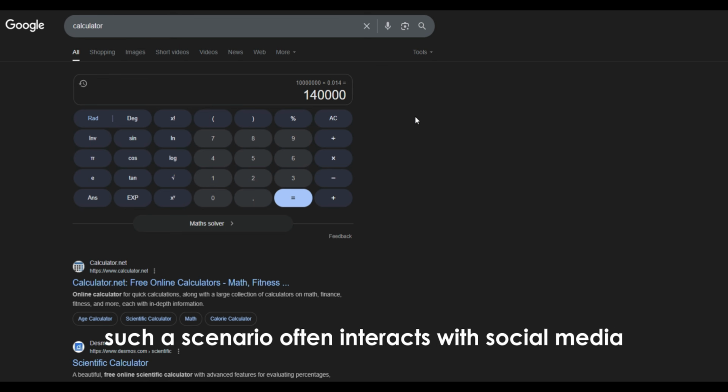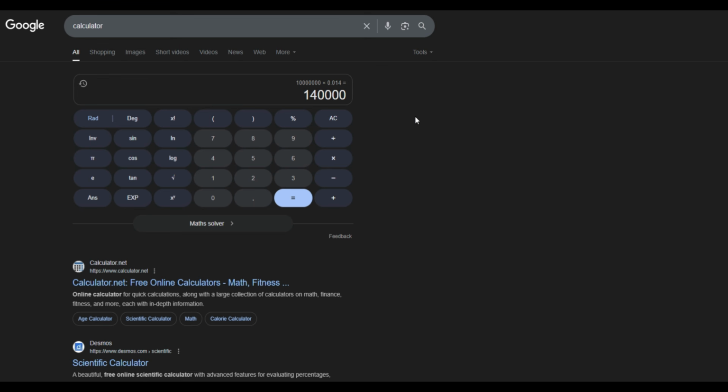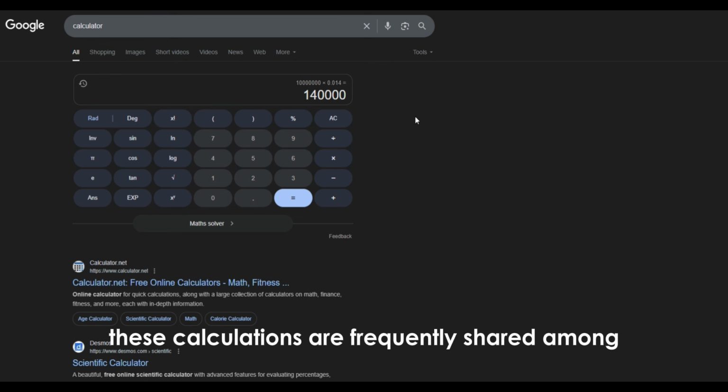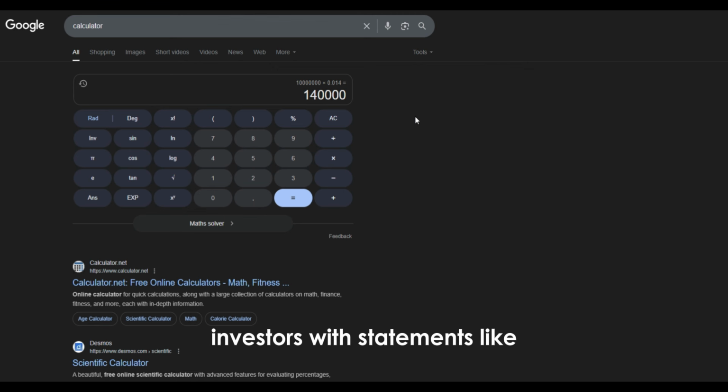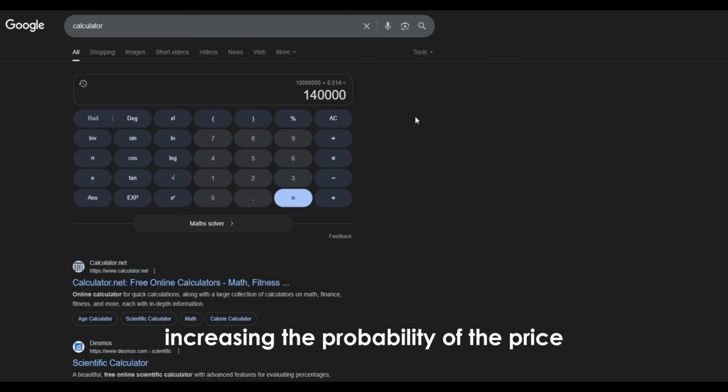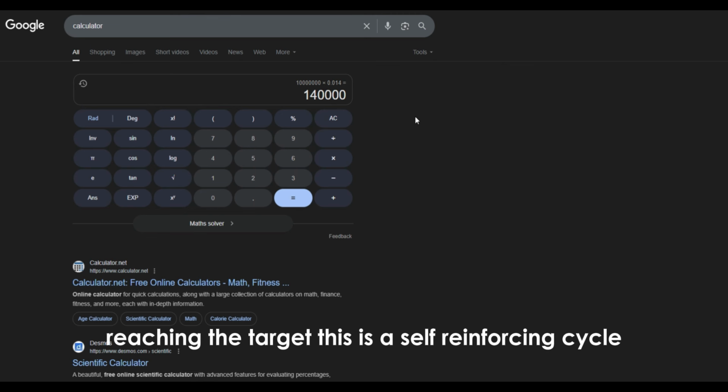Additionally, such a scenario often interacts with social media and community influence. As the price approaches the target, these calculations are frequently shared among investors, with statements like 10 cents is coming soon spreading widely. This attracts new investors and accelerates fresh capital inflow, increasing the probability of the price reaching the target.